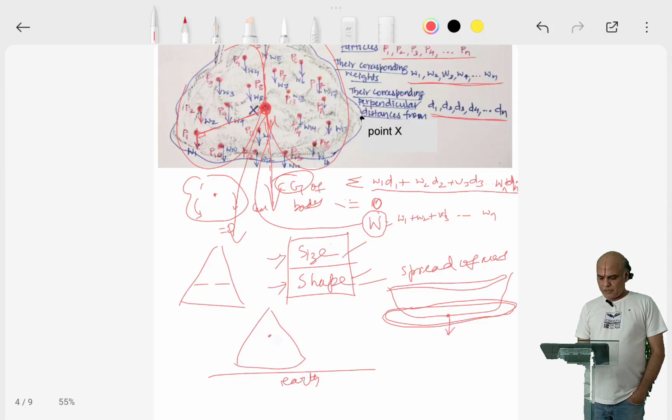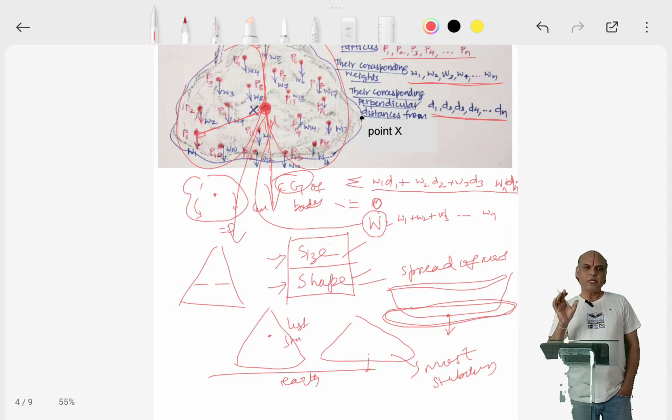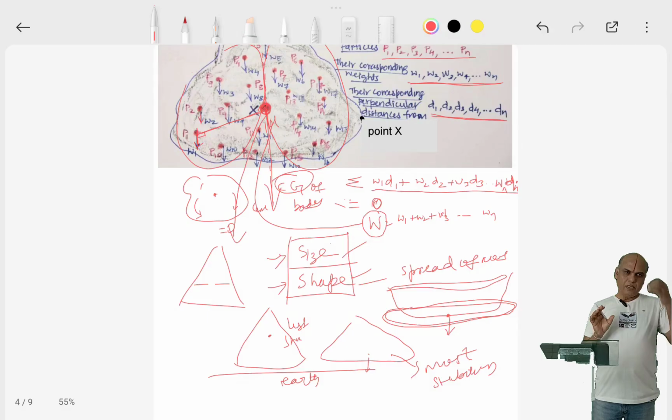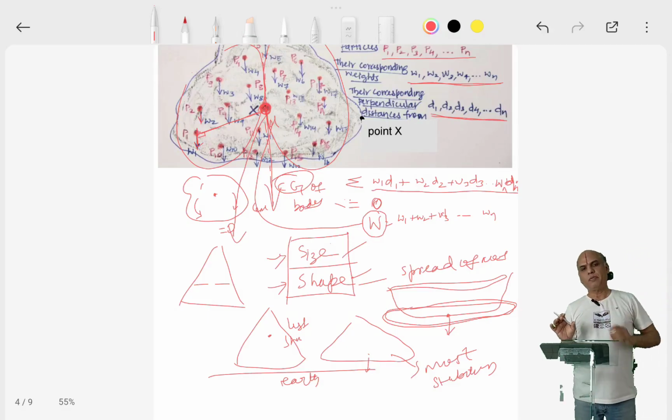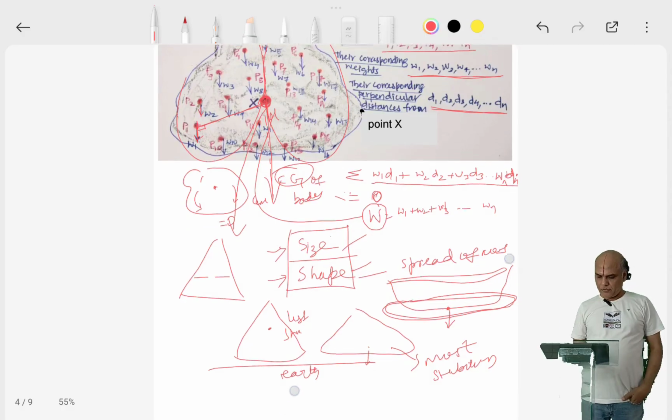So if the center of gravity is here, and there is another body where the center of gravity is nearer to the earth, this body will display more stability of equilibrium. This body will be comparatively less stable. Okay, so the closer the center of gravity lies towards the earth, the greater the stability of equilibrium. Clear?